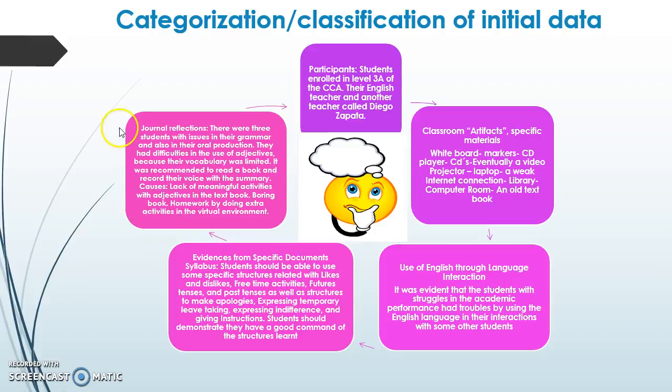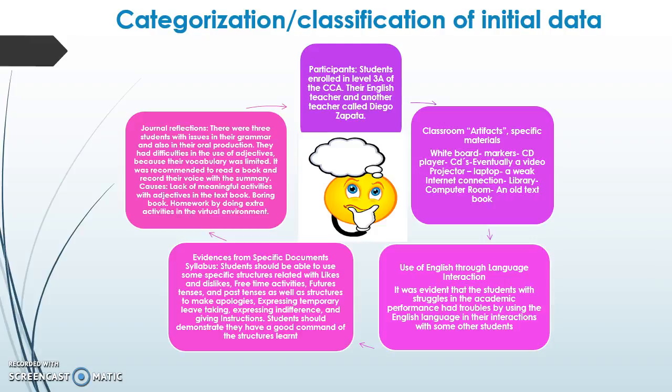In regard to the journal reflection, there were 3 students with issues in their grammar and also in their oral production. They had difficulties in the use of adjectives because their vocabulary was limited. It was recommended to read a book and record their voice with the summary of this book.